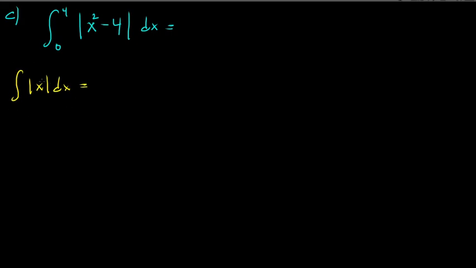We don't know the indefinite integral. So how are we supposed to find the definite integral? Good question. Maybe we don't even need to find the indefinite integral. Remember, what does the definite integral represent? It represents the area underneath the curve.